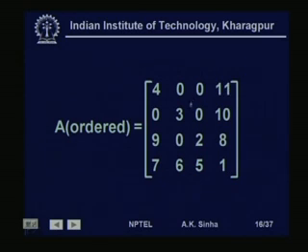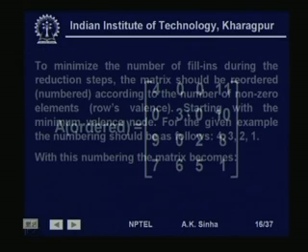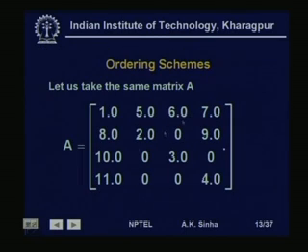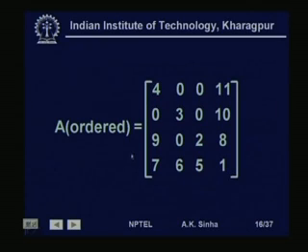Similarly, the other elements can be put like this, this is 2 and this is 2. So, 2 1 is 0, 2 2 is 3, 2 3 is 0, 2 4 is 10.